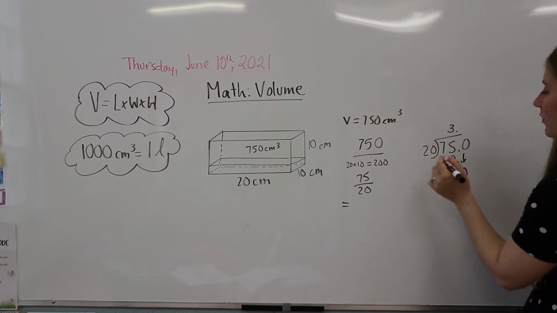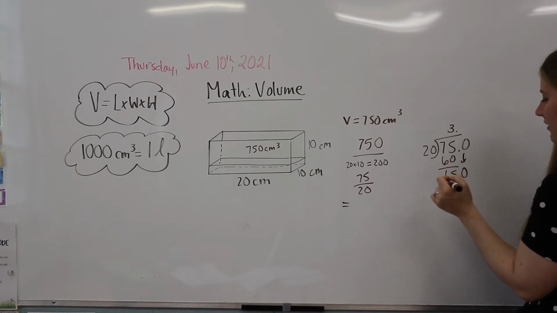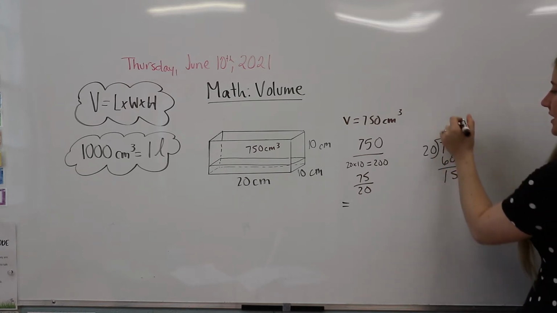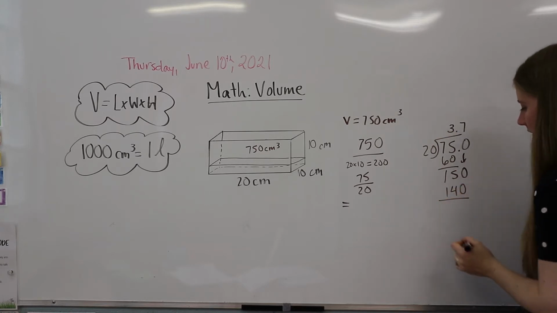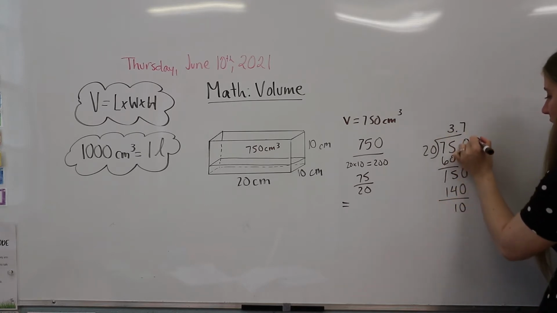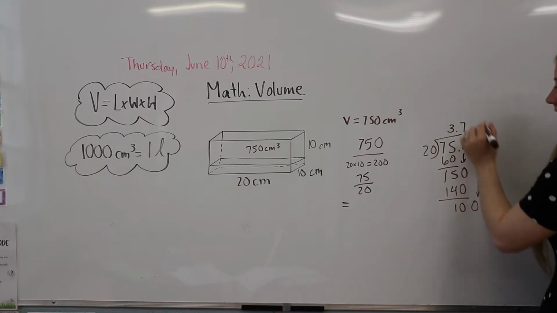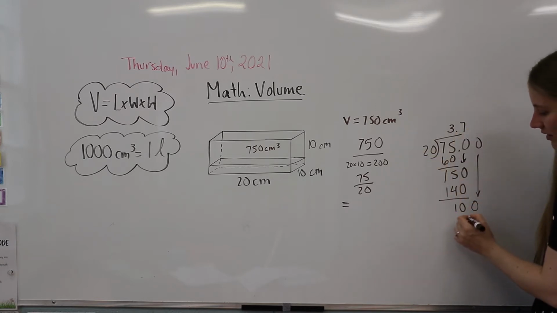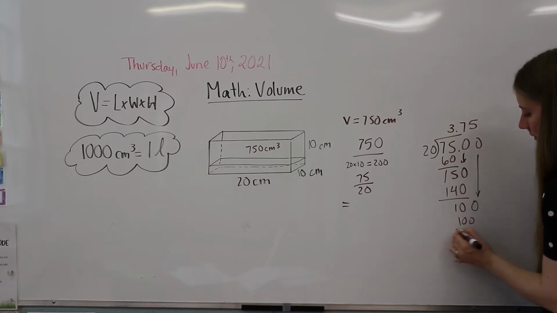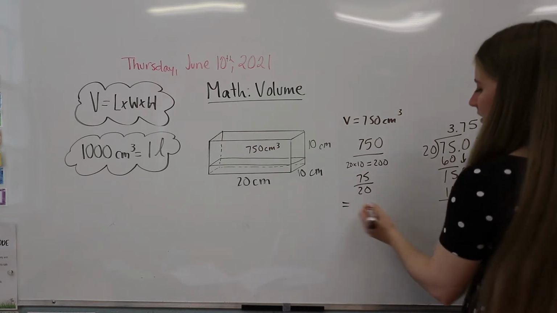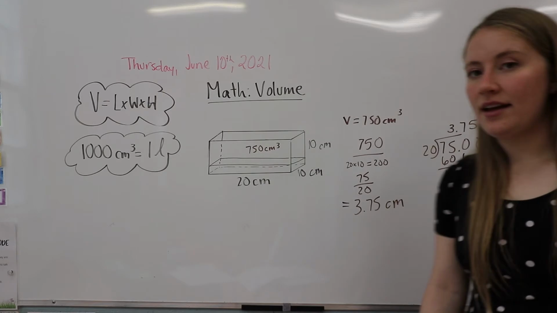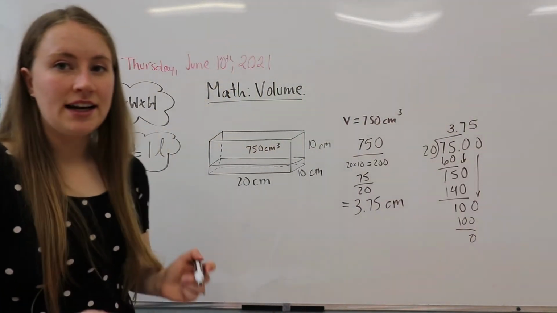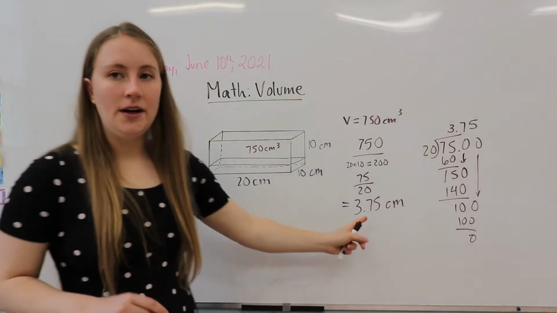And then we are going to figure out how many times 20 fits into 150, which is 7 times, okay, because that's 140. Okay, and so now we have 10 left. We're going to give ourselves another 0, and 20 fits into 100 5 times. So, and that's even. All right, so 3.75 centimeters.